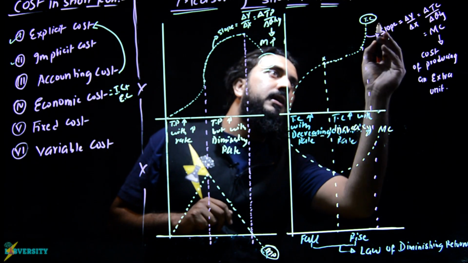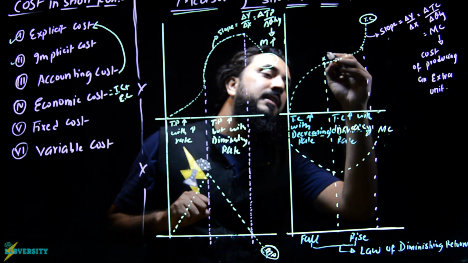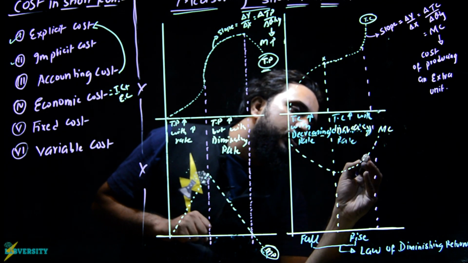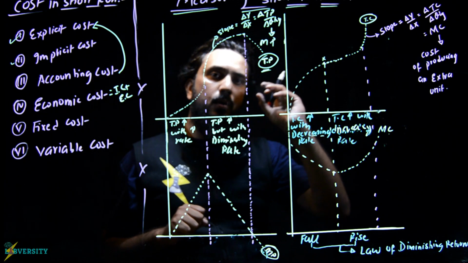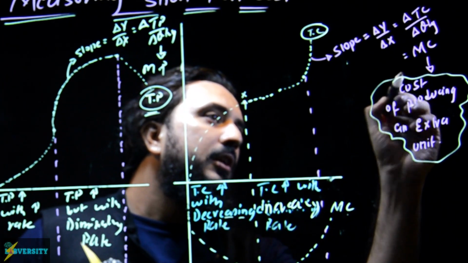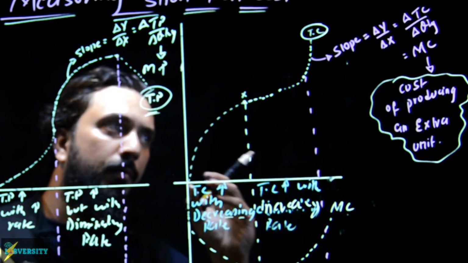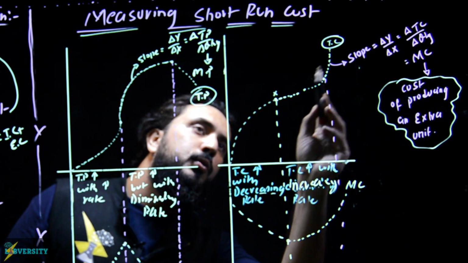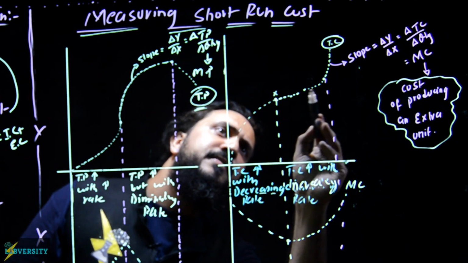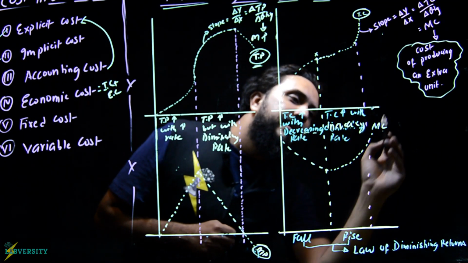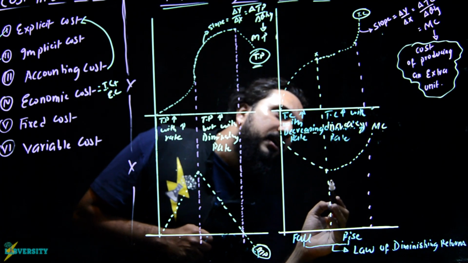After that, when your total cost is increasing with an increasing rate, your marginal cost starts to increase, because marginal cost shows the per unit change, as we have written here as well. Marginal cost is the cost of producing an extra unit. So when your total cost starts to increase with an increasing rate, your marginal cost and your per unit cost start to increase.